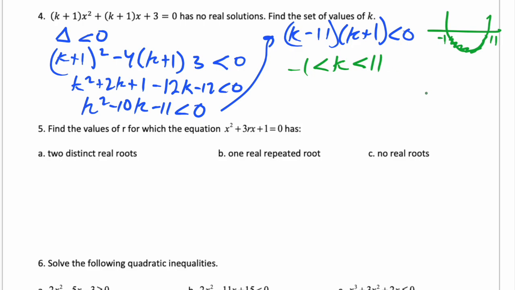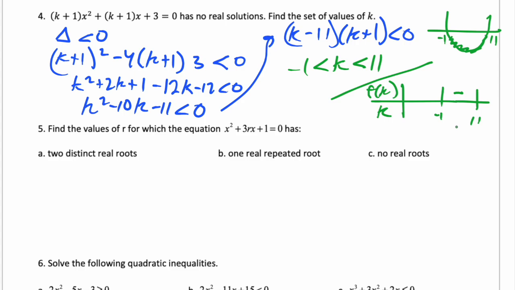Okay, you can also try a sign diagram instead of a little graph. For a sign diagram, let's call this f of k or whatever. We know that it equals 0 at -1 and 11, so then you just substitute values in between. If you substitute 0 into this, we get -11 times 1, we get a negative.